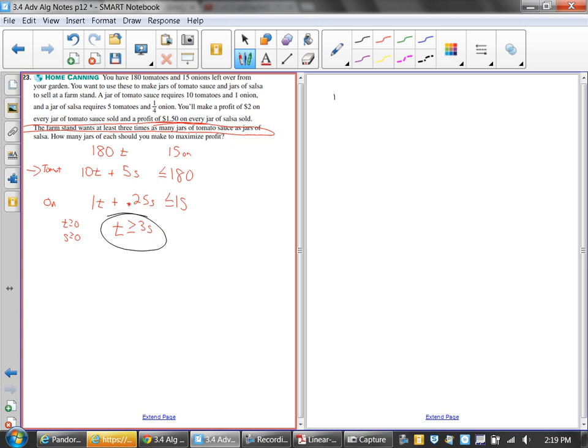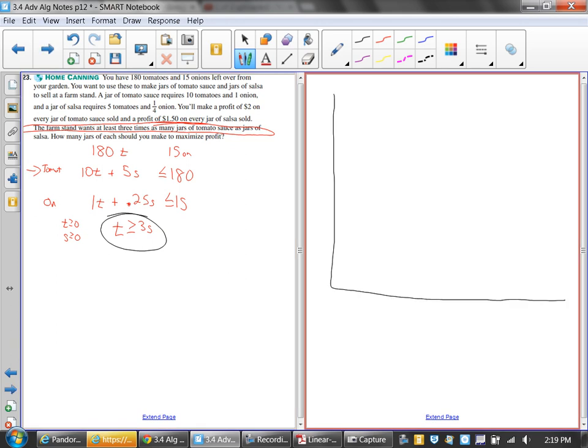So we go first quadrant. I went tomato and salsa. Covering and solving, I have first intercept of 18, 36. We are working inward.